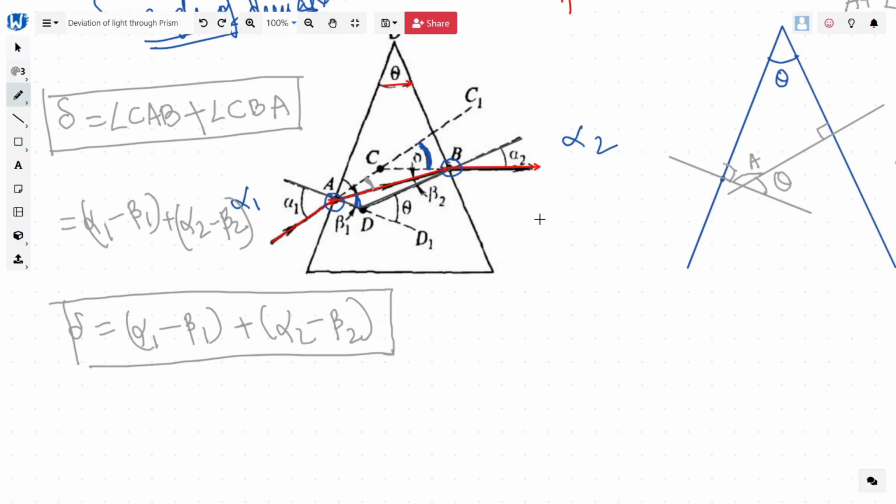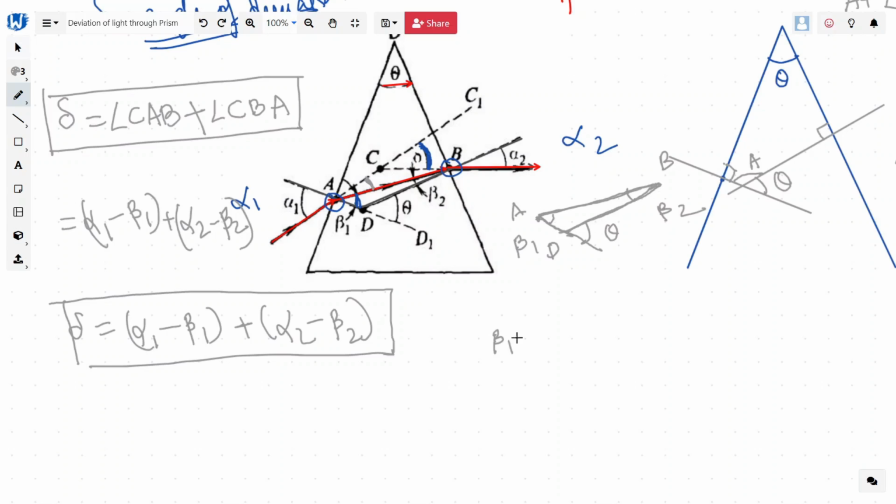Here we have A, something like this. This is B, this is D, this is our theta. Now this one is beta 1 and this one is beta 2, and in a triangle the sum is going to be 180, right?